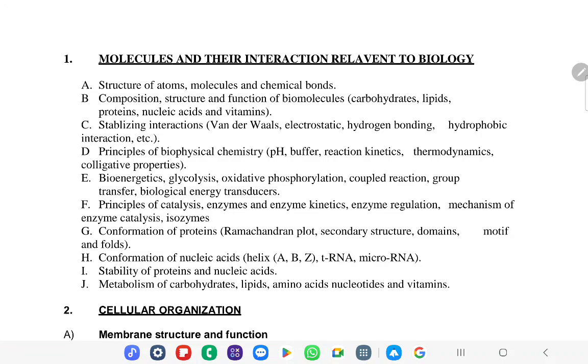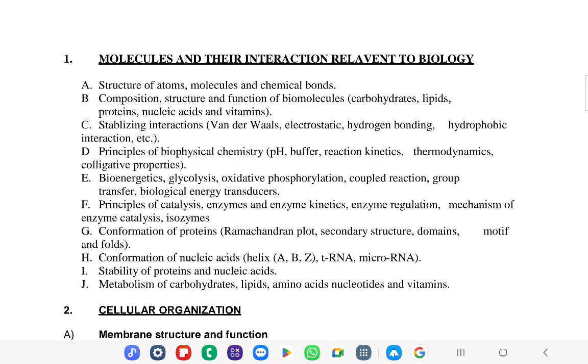First, structure of atoms, molecules and chemical bonds; composition, structure and functions of biomolecules like carbohydrates, lipids, proteins, nucleic acids and vitamins; stability reactions, van der Waals forces, electrostatic, hydrogen bonding, hydrophobic interactions in molecules; the principles of biological chemistry, for example pH, buffer, reaction kinetics, thermodynamics, colligative properties; bioenergetics, glycolysis, oxidative phosphorylation, coupled reactions, group transfer, and biological energy transducers.